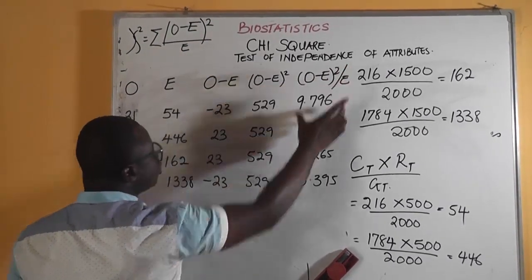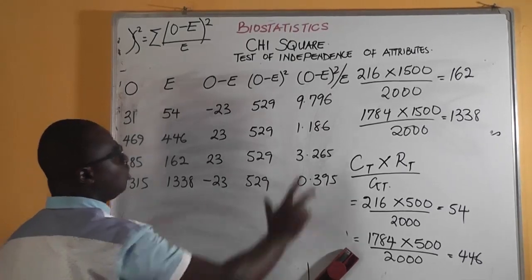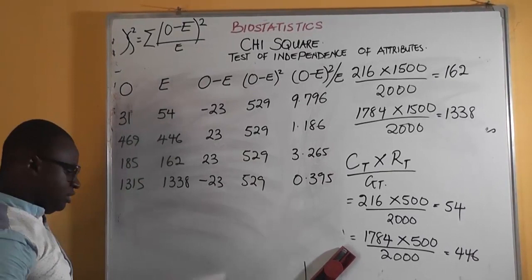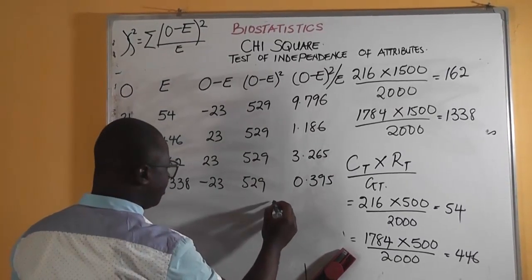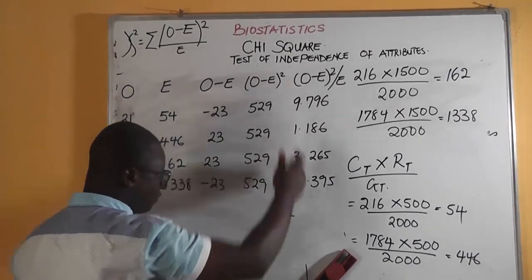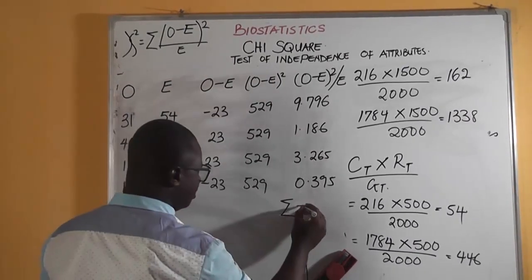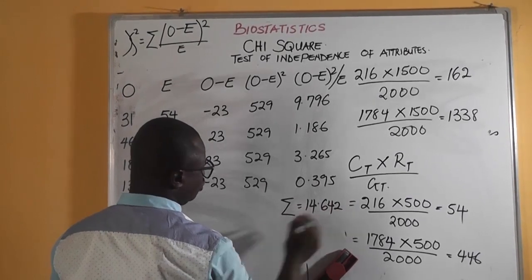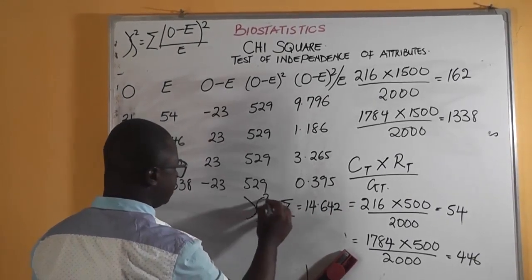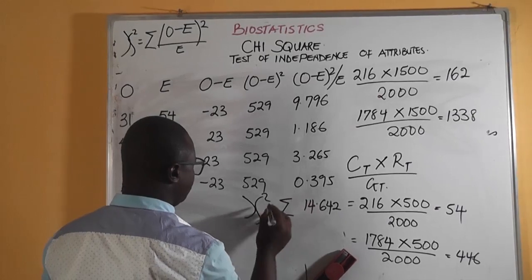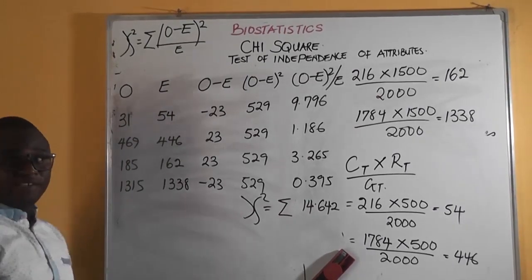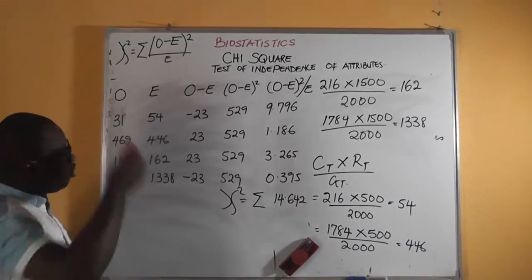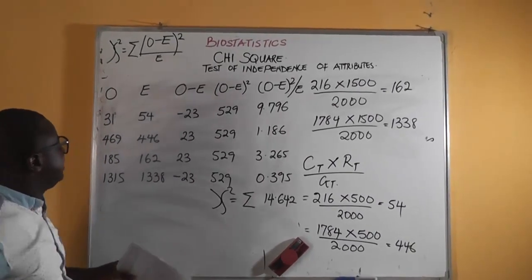To get the chi-square calculated value, all I need to do is add up all these answers. If I add up everything, it will give me 14.642, and that will be my chi-square value. Very simple, right? So that is the first method on how to calculate chi-square.